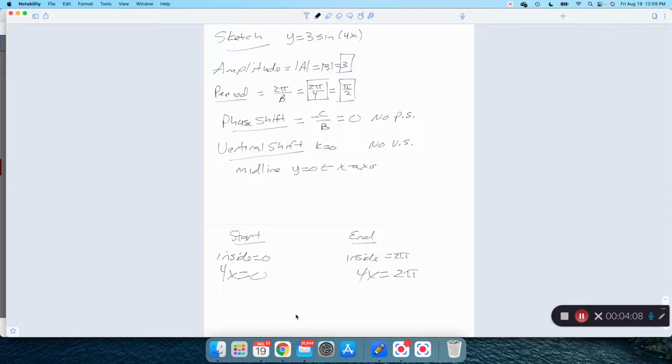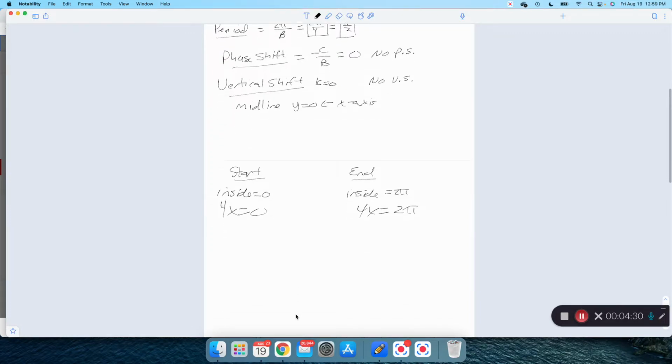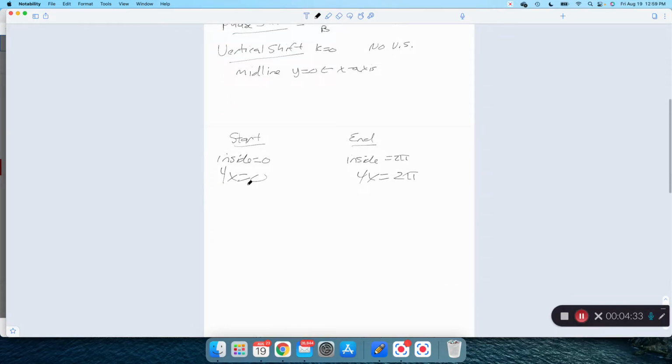Why 0 and 2 pi? Because we're trying to plot out one period of sine just to get started. And a regular old graph of sine, just regular old sine of x, has a period that starts at 0 and ends at 2 pi. We want to figure out where those points are going to get squished to, or stretched to. So we solve both of these.